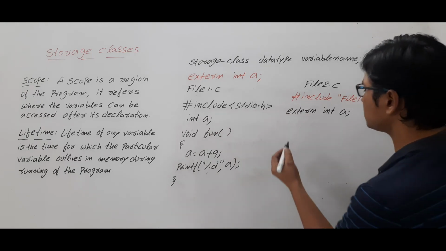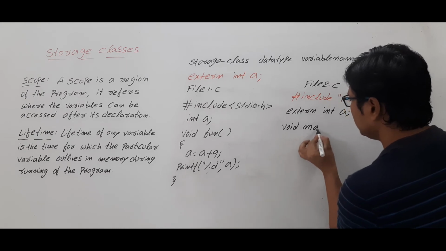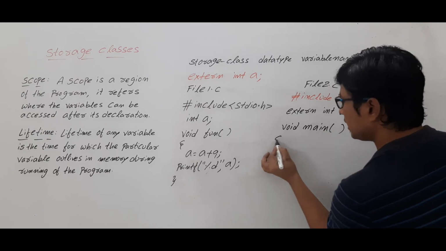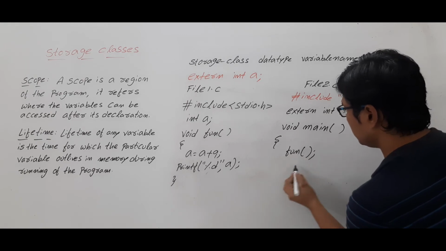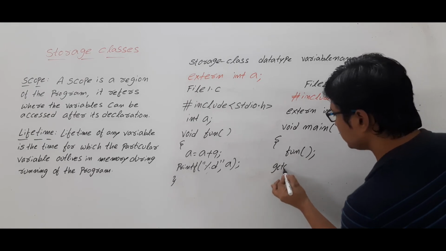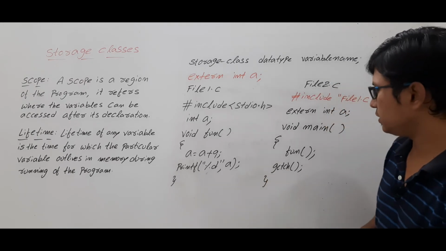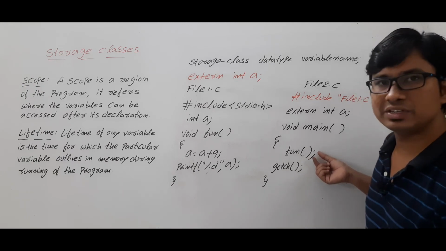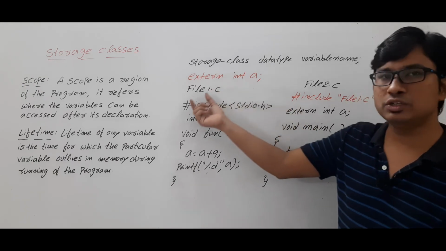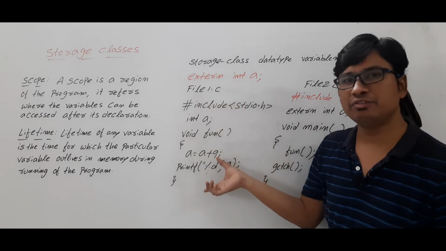Now once it is done, you have written void main, and then a statement called fun, and you have written getch, and then you are closing this one. Now look at this: fun is a function you are calling, which is a user defined function which you have declared in another file.